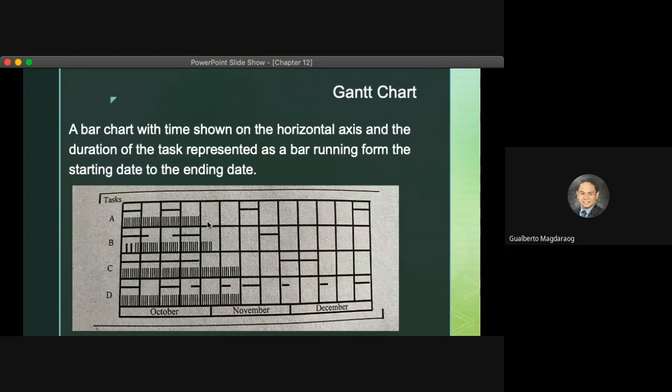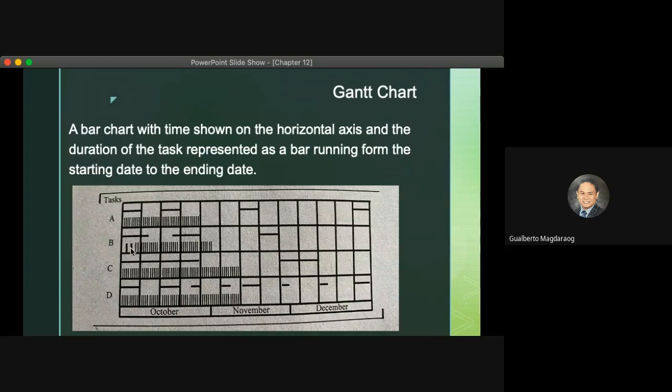Well, the short vertical broken lines represent the work unfinished or carried over from the previous period. So for task B, we have here short vertical lines.